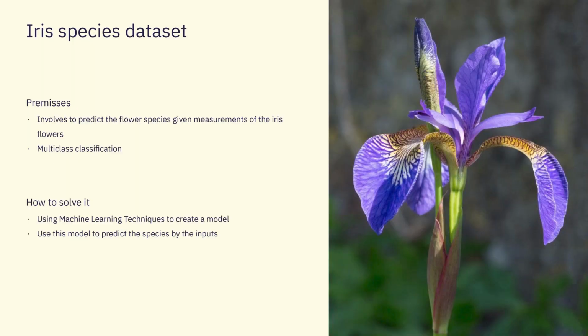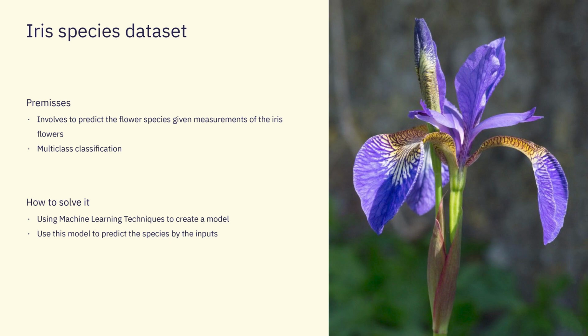This KNN DApp uses a common dataset when we're learning about machine learning. The premise is predicting flower species given the measurements of these iris flowers. It's a multi-class classification problem.